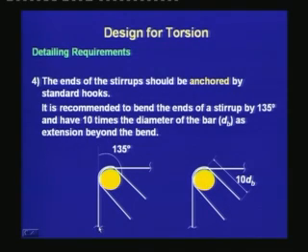That means one end of the bar has been bent by 135 degree and it has been inserted within the core concrete, and the other end of the bar is also bent by 135 degree and inserted within the core concrete. The extension of the bars beyond the bends should be 10 times the diameter. This detailing helps to restore the shape of the stirrups under torsion.